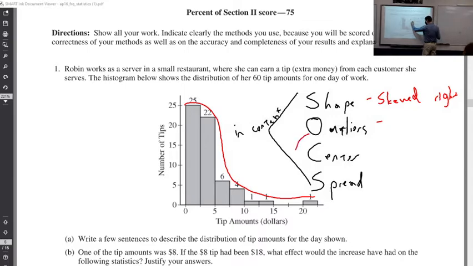We have a possible outlier right out here. So there's one between 20 and 22.5.